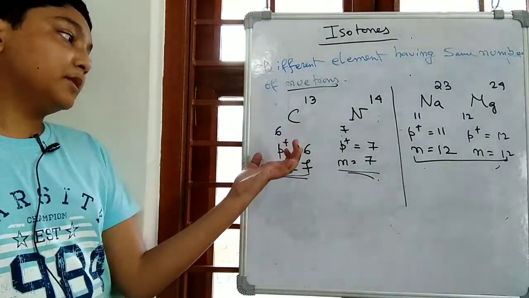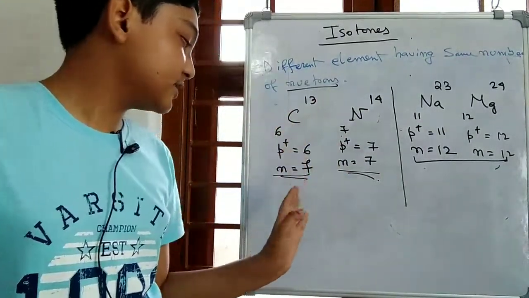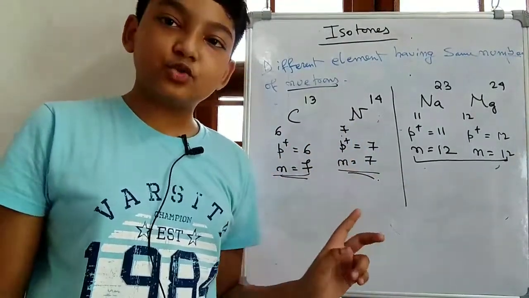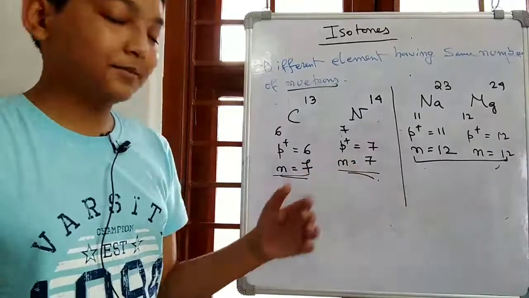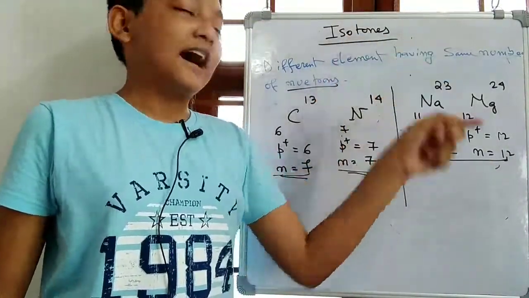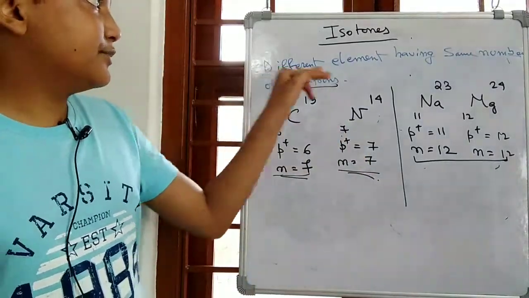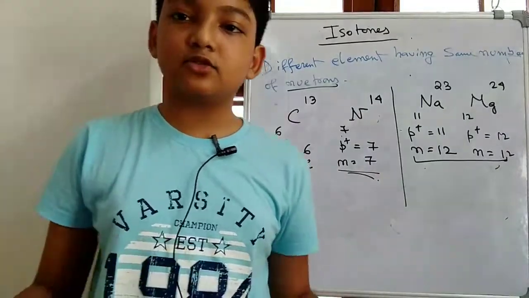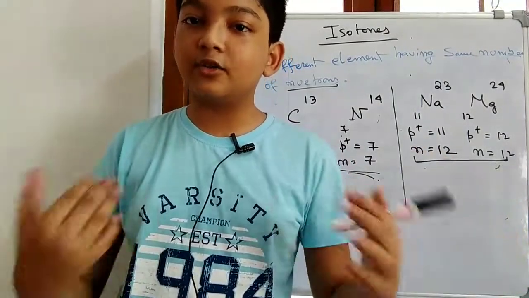The proton number of carbon is 6 and the neutron number is 13 minus 6, which is 7. Nitrogen's proton number is 7 and the neutron number is also 7. So 7 and 7 are matching. So we call it isotones. Isotones means different elements having the same number of neutrons. So is it clear? I hope it's clear.